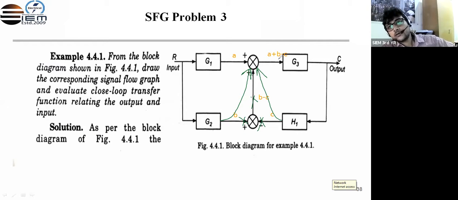This value is also A plus B minus C. In this case, you can treat these two points as the same node. So in that case, what is happening?